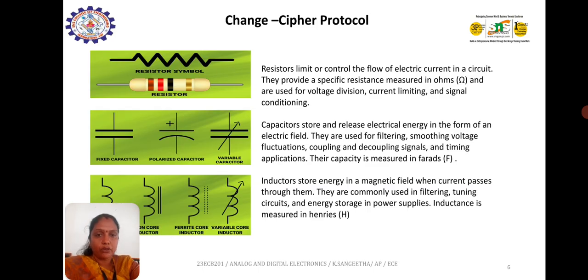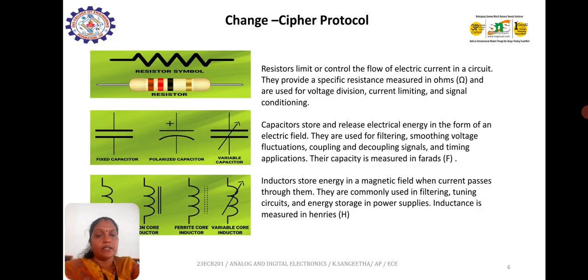The purpose of a resistor is to control the flow of current. It is denoted as R, and it provides a specific resistance measured in ohms, that is, the unit of resistor is ohm. Resistors are used for voltage division, current division, and signal conditioning. The next one is capacitor.